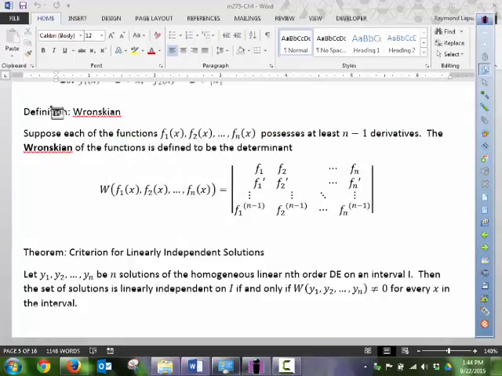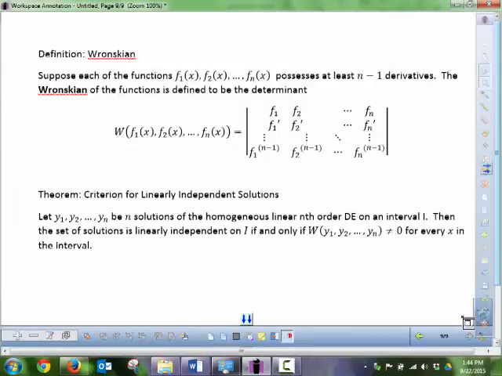You should say it out loud once in a while. Just walking down the street, just say Wronskian. So the Wronskian is the determinant of a matrix of functions that you're trying to show are linearly independent or dependent.